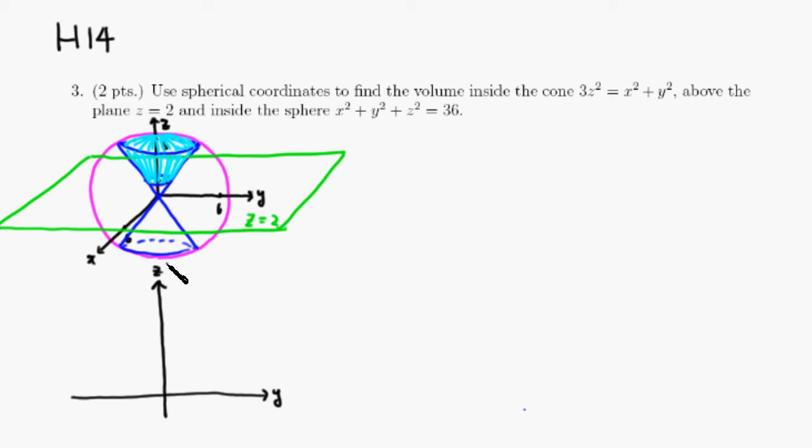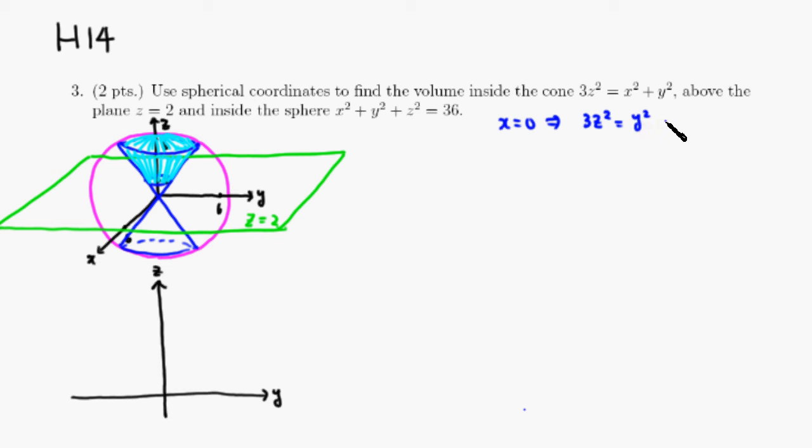If you cut it through the yz plane, the cone is going to look like this. The yz plane is x equals 0, so you have 3z squared equals y squared.